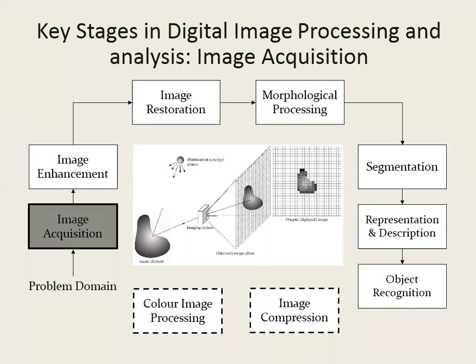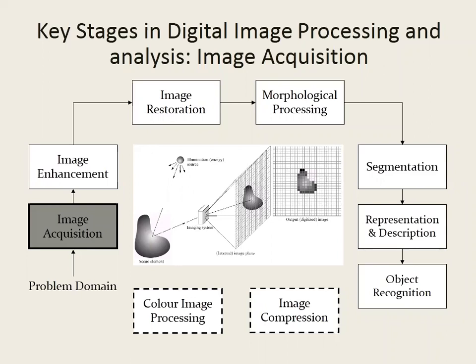Structural change may be happening, shape change may be happening. For that, we need morphological processing. Morphological processing is a process of making sure that the structure is correctly preserved or not.